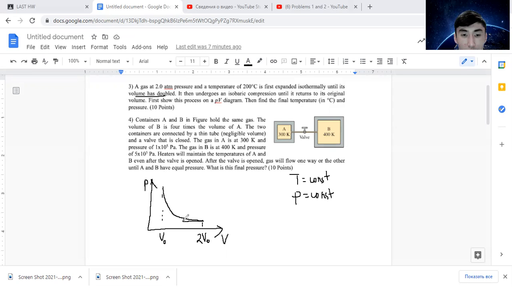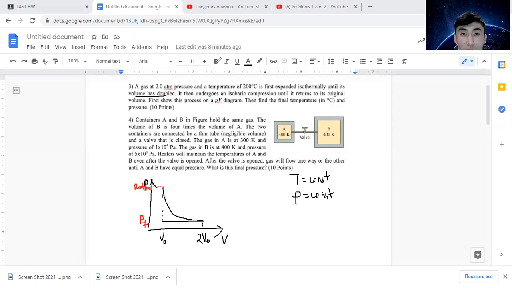So we draw this, until it returns to the original volume. Here, firstly, the pressure was 2 atmospheric pressure, right? And we need to find this P final.